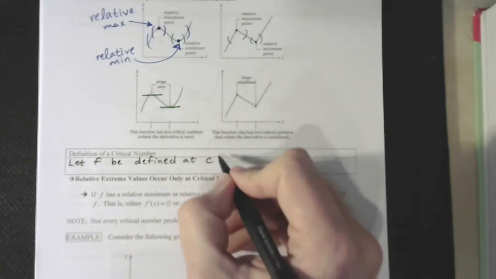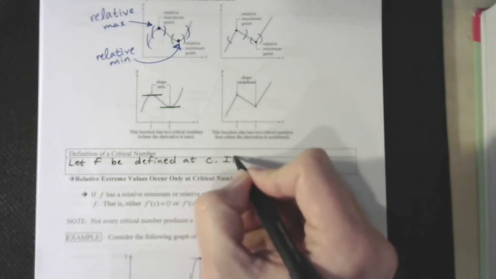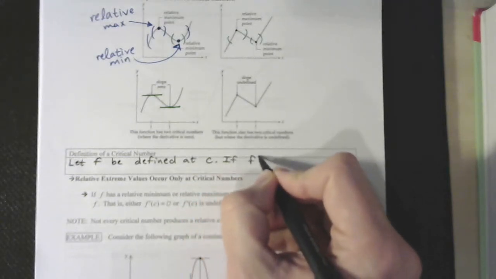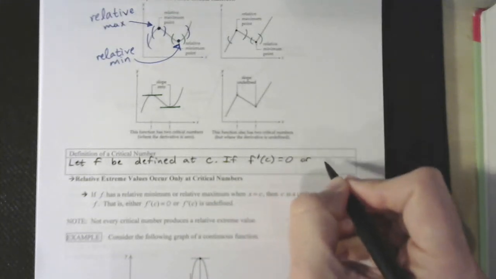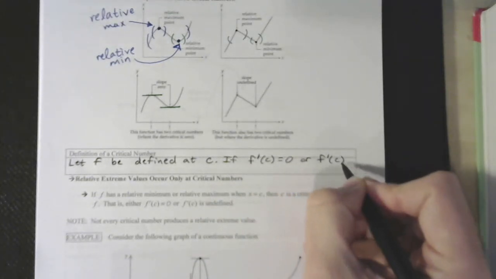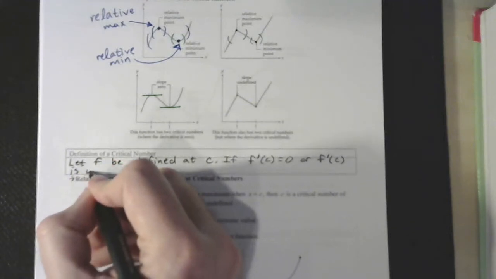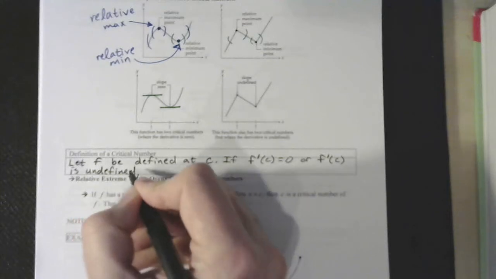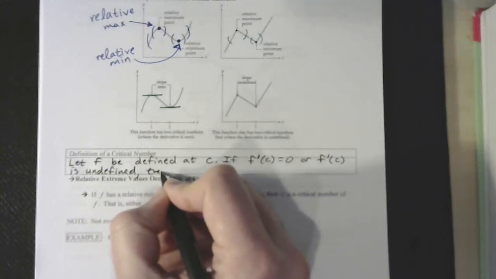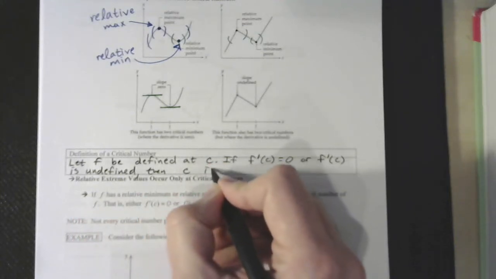If f prime of c equals 0, or f prime of c is undefined, then c is a critical number.